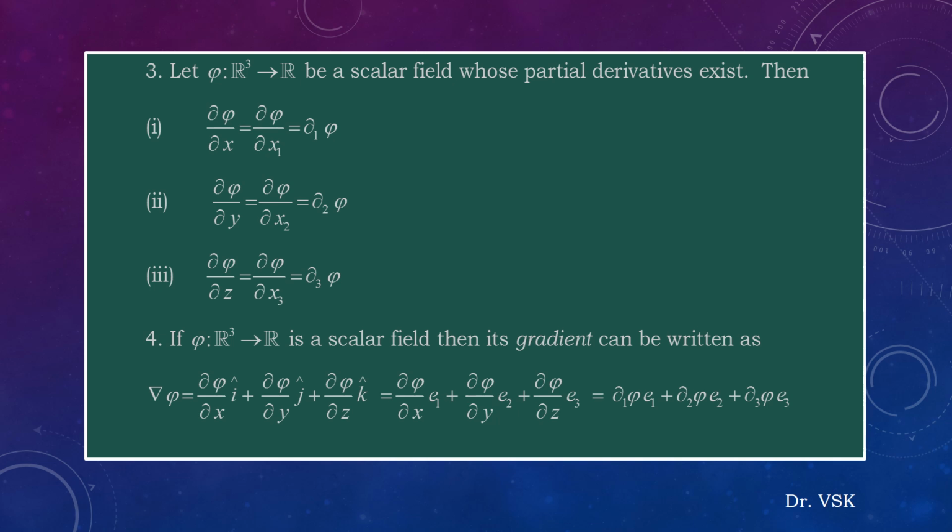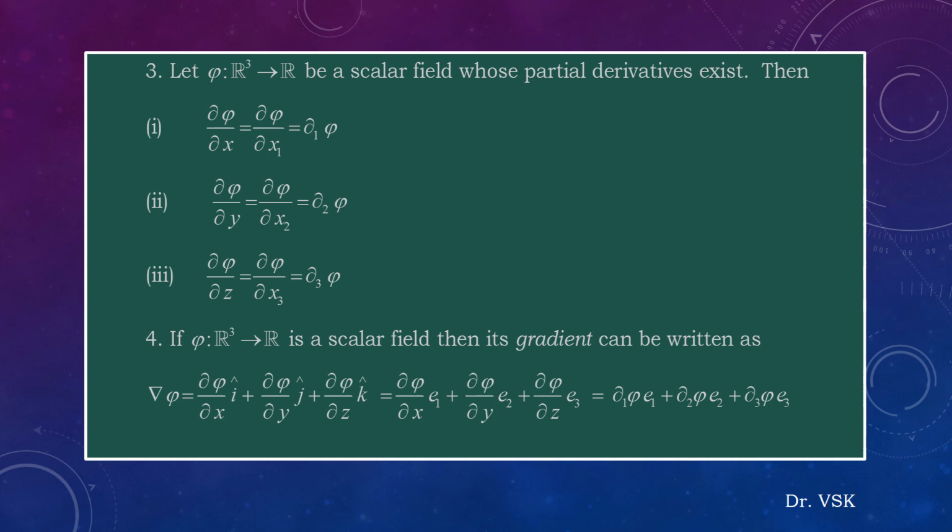By using this new notation, how to write the gradient? Let us take the gradient of the given scalar field phi from R3 to R. Grad phi or del phi equals dou phi by dou x i cap plus dou phi by dou y j cap plus dou phi by dou z k cap.